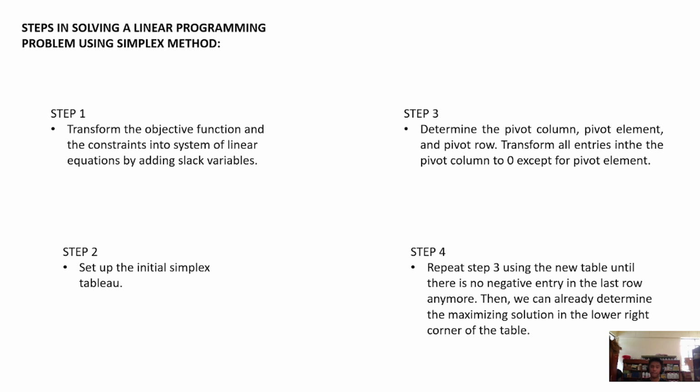Step three, determine the pivot column, pivot element, and the pivot row. Transform all entries in the pivot column to zero except for the pivot element. And step four, repeat step three using the new tableau until there is no negative entry in the last row anymore. Then we can determine the maximizing solution in the lower right corner of the table.